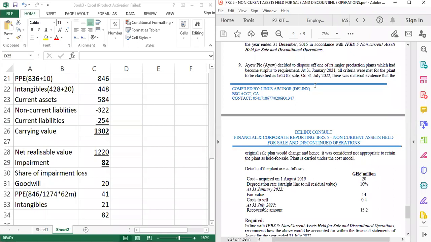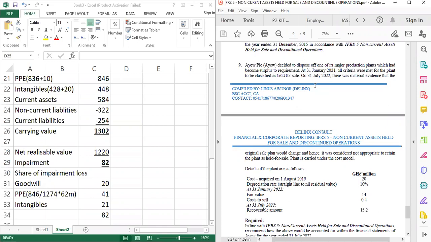So they say IU decided to dispose of one of its major production plants, which had become surplus to requirements. At 31, all criteria were met for the plant to be classified as held for sale. On 31 July, there was material evidence that the original sale plan would change, and hence it was considered not appropriate to retain the plant as held for sale.